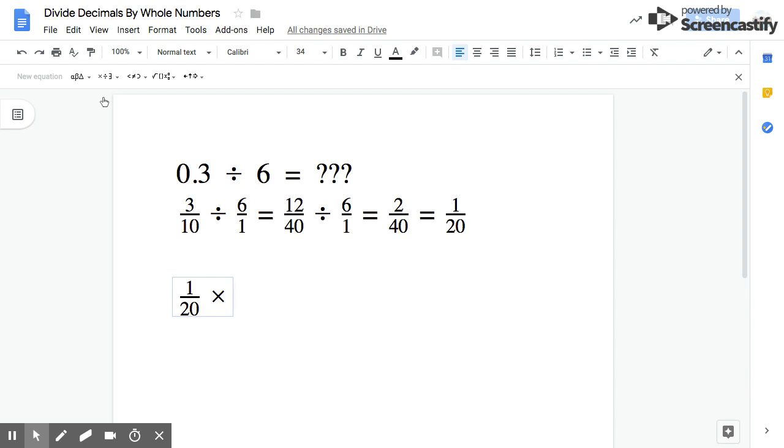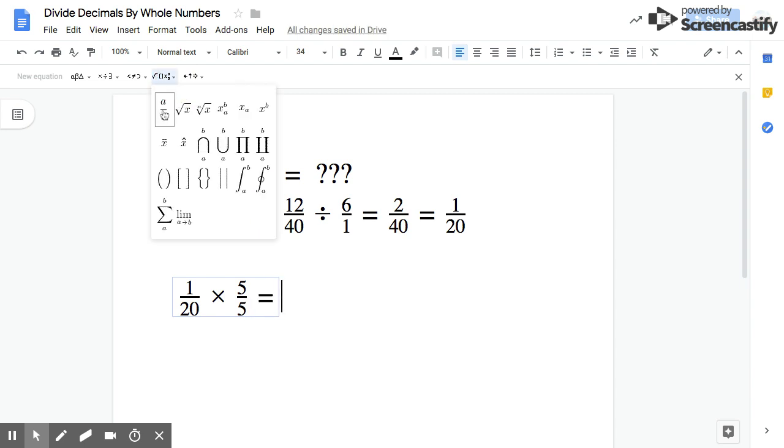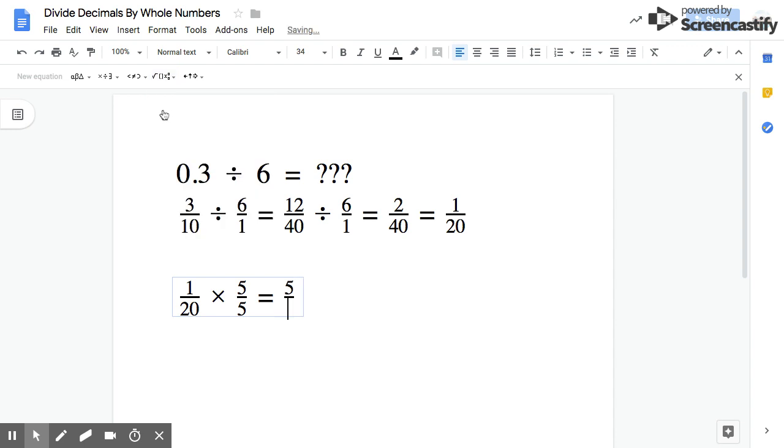And so 20 times 5 is 100. So I could do 5/5. You see, I'm just now taking this to a fraction where the place value is the denominator. So that equals 5/100, which then is the same as 0.05.